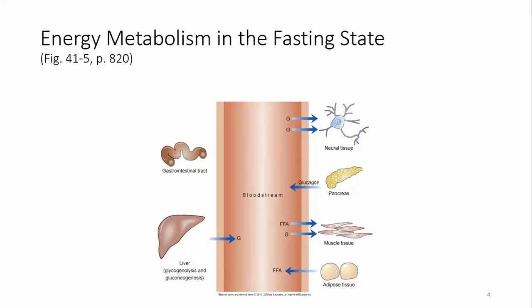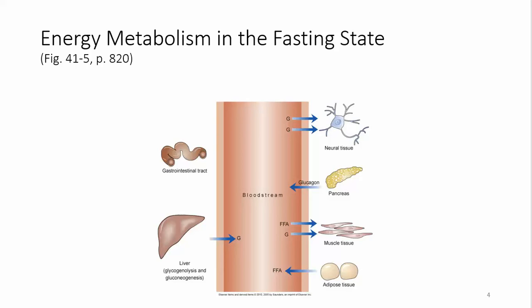In the fasting state, the opposite is happening. Now, the neurons still need glucose. The muscles and heart and other tissues need glucose. But the glucose has to be supplied by the liver and by adipose tissue. So the pancreas releases from its alpha cells.